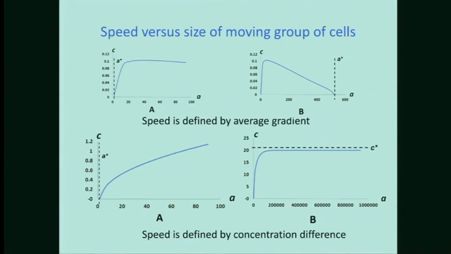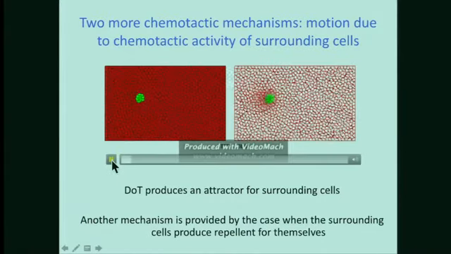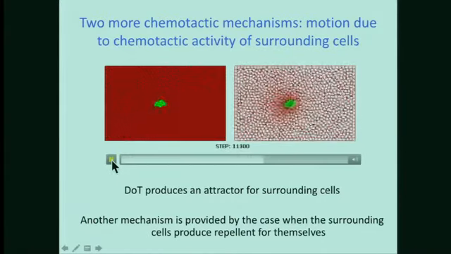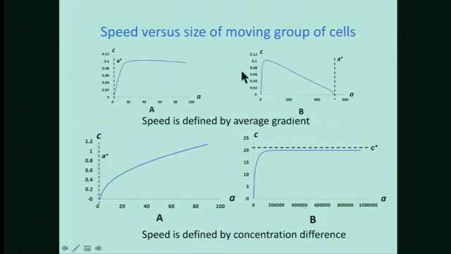I have checked for curiosity what happens in the cellular Potts model, and they move. I don't know which of these two mechanisms is really working in the Potts model. It looks like the second one, because if it were the first one, then if I increase the medium size, the speed of this moving group of cells should decrease.